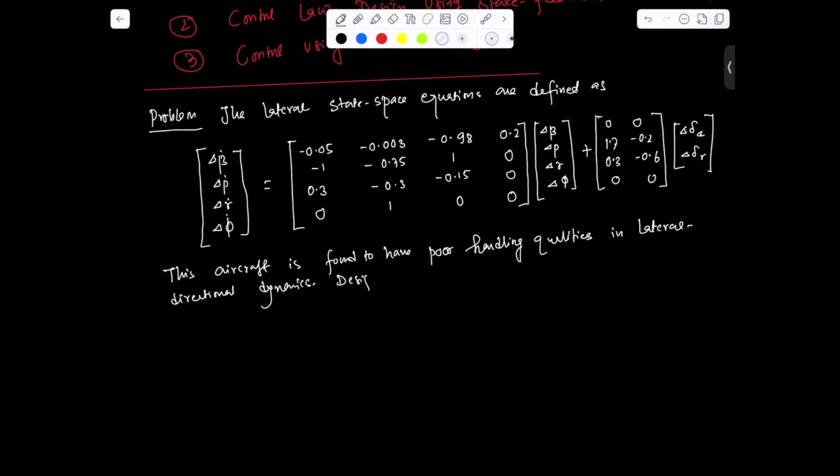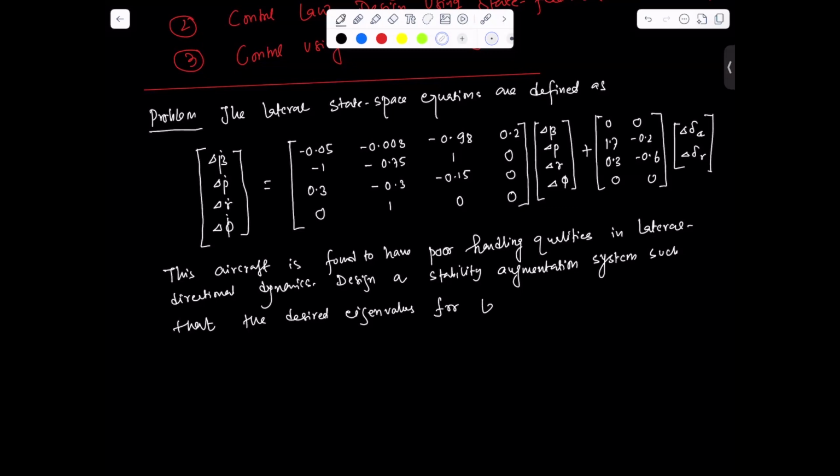Design a stability augmentation system such that the desired eigenvalues for the lateral characteristics are as follows.